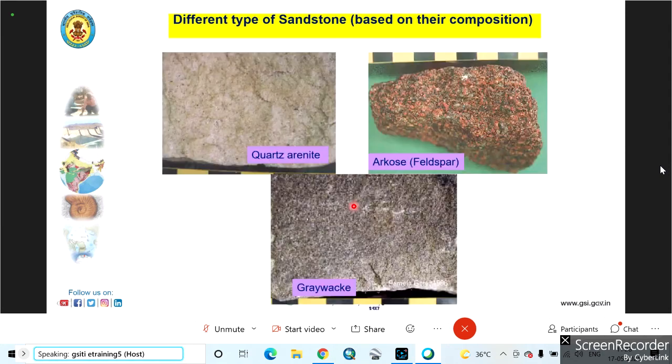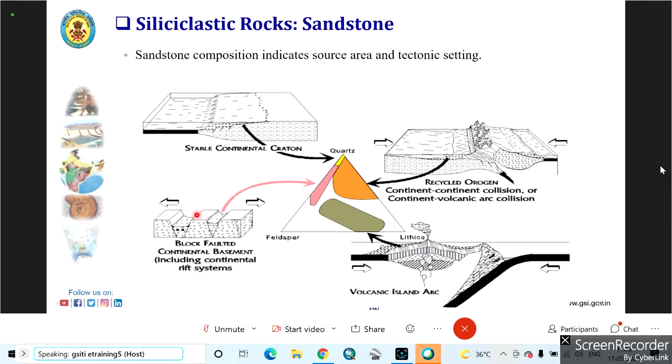Here are some field photographs of the different types of sandstone, that is the quartz arenite, arkose, and the graywacke. You see that sandstone composition indicates the provenance area and the tectonic setting. In this ternary diagram, a high abundance of quartz grains depicts that the rock has originated from the provenance of the stable continental craton.